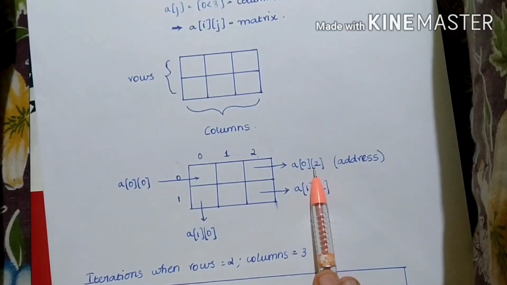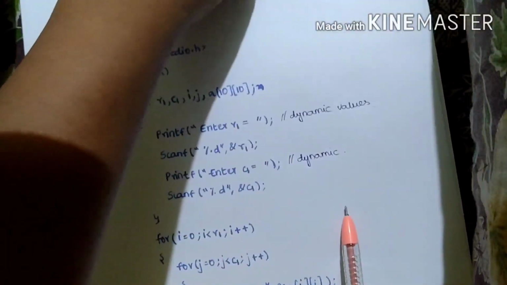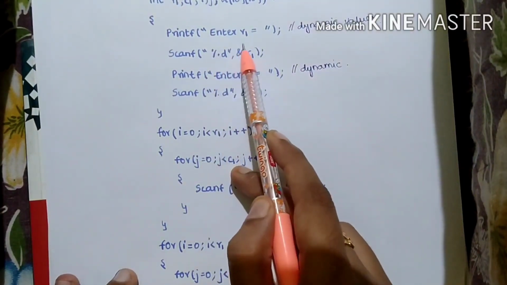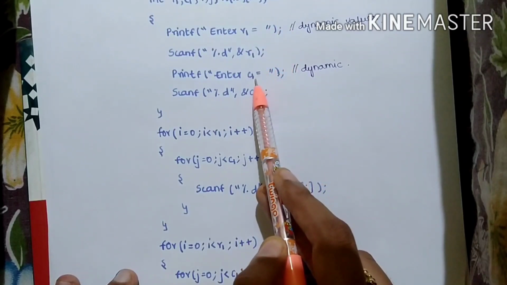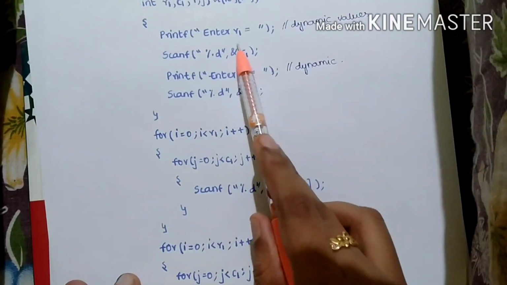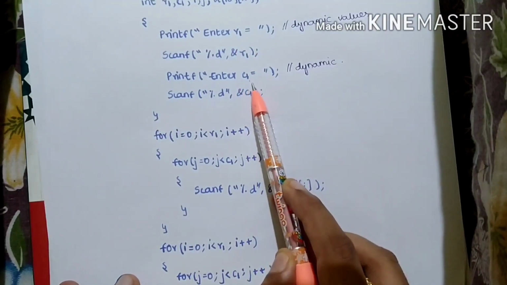So for this, we are writing the 2-dimensional array program with this loop. Let's go into the program. Here I will be asked to enter R1 and C1, where R1 is the row count which I want and C1 is the column count.